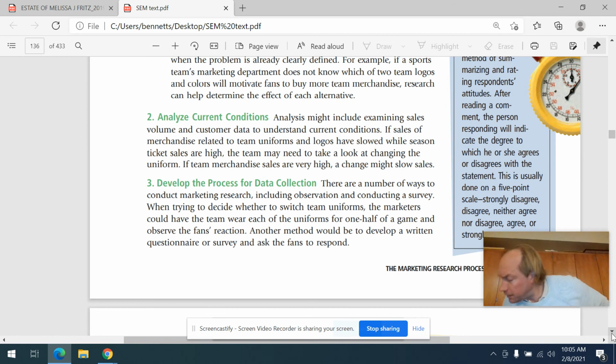Julian Hatt, are you out there? Can you talk to us about developing the process for data collection? Excellent.